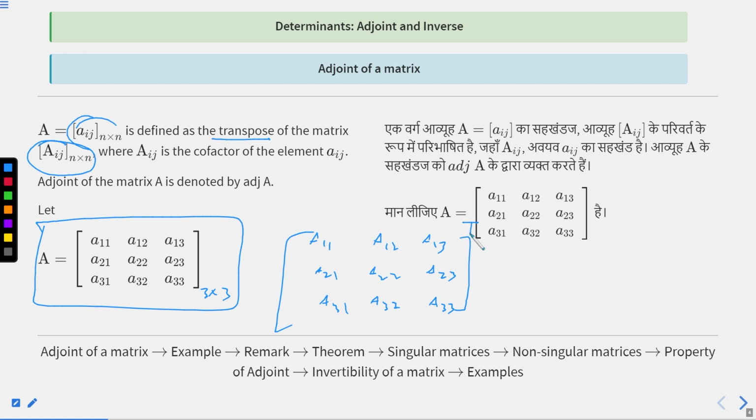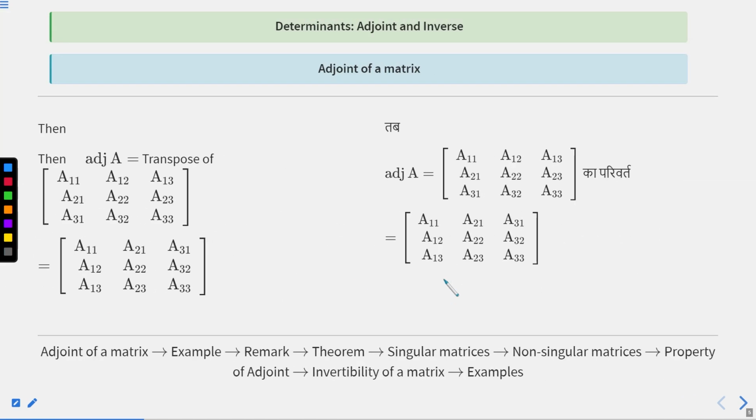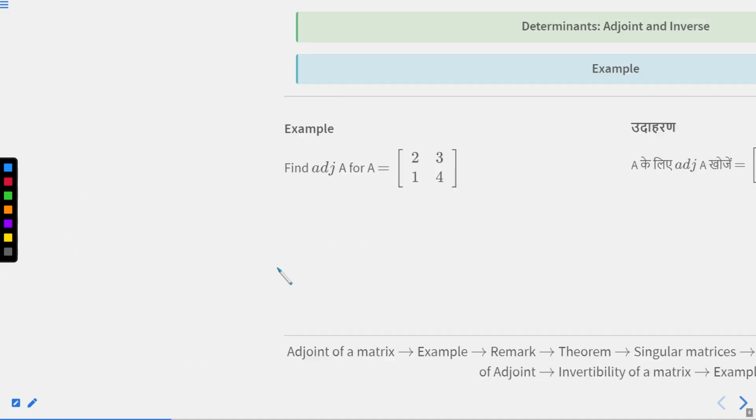If you transpose this matrix, you will get your adjoint of A, denoted by adj(A). These capital A's are the cofactors. In another form, adj A will be A11, A21, A31, A12, A22, A32, A13, A23, A33. Clear?